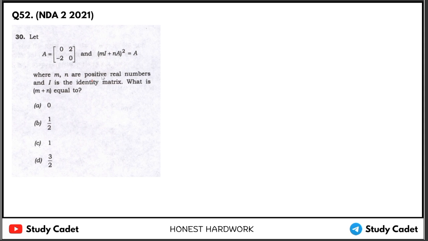Let this be where m, n are positive real numbers and I is the identity matrix. What is m plus n? M times the identity matrix means m, 0, 0, m, plus nA means 0, 2n, minus 2n, 0.